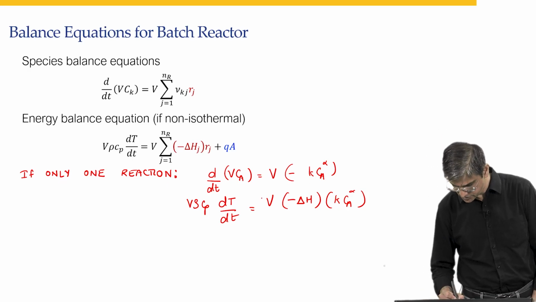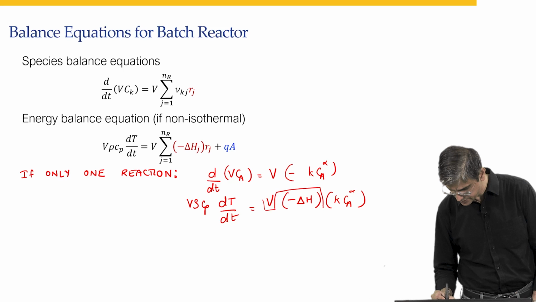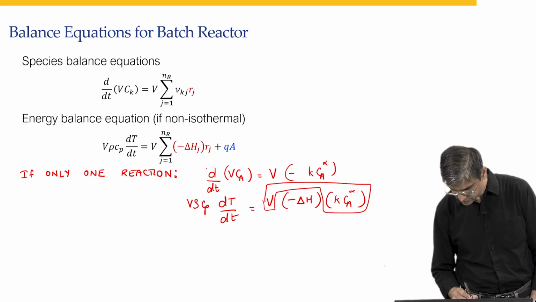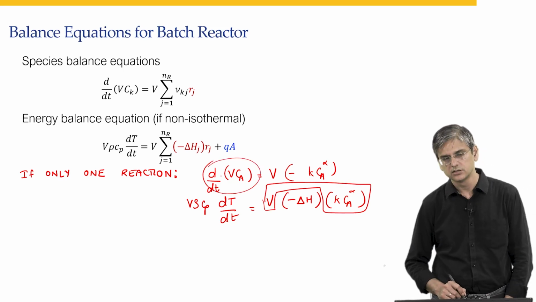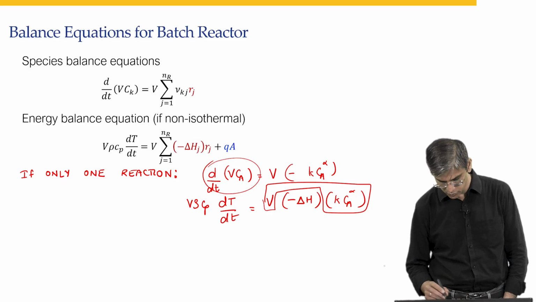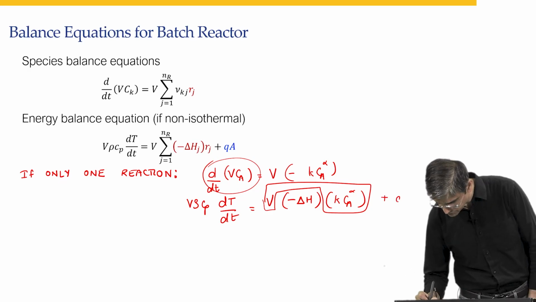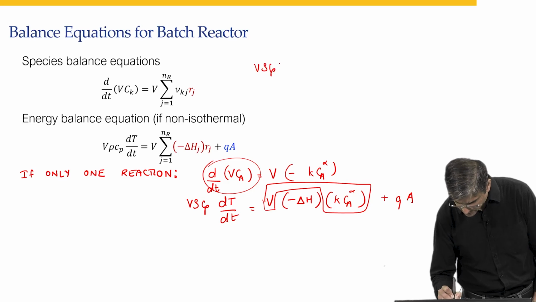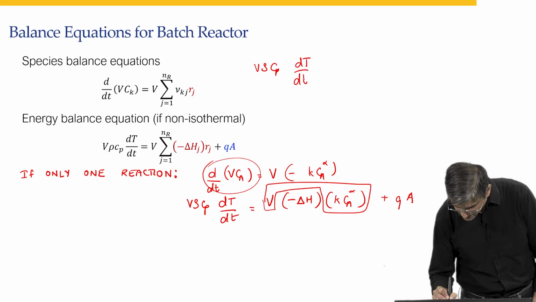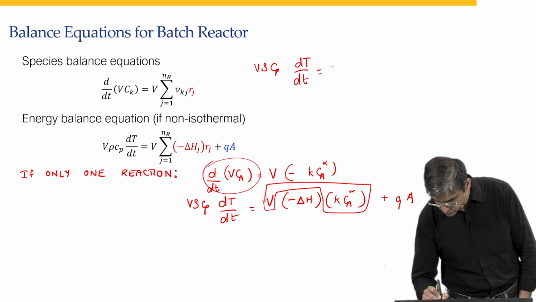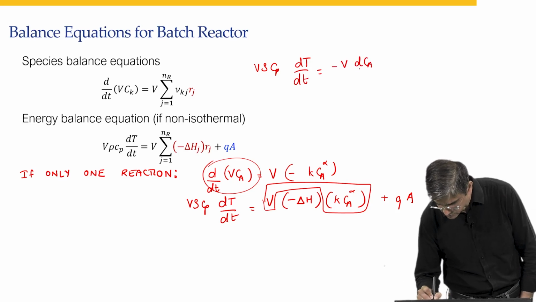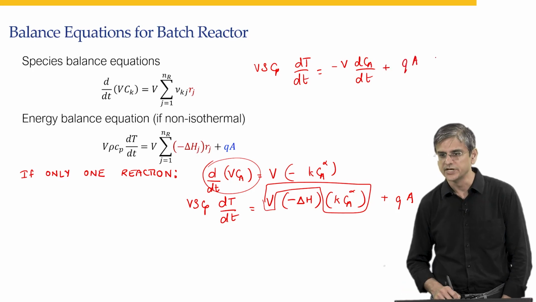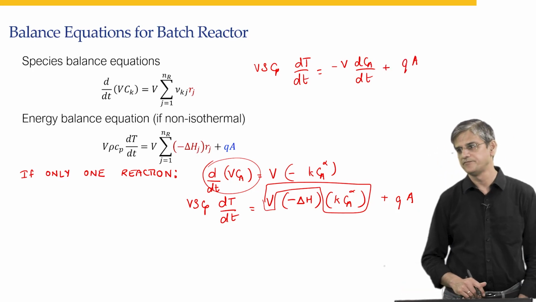Okay, and if you see this particular term, this is nothing but this, right. So you will be able to write this as V rho Cp dT by dt equal to minus V dC_A by dt plus QA if it is non-isothermal.